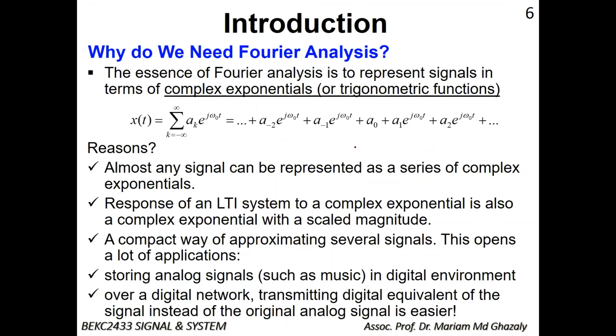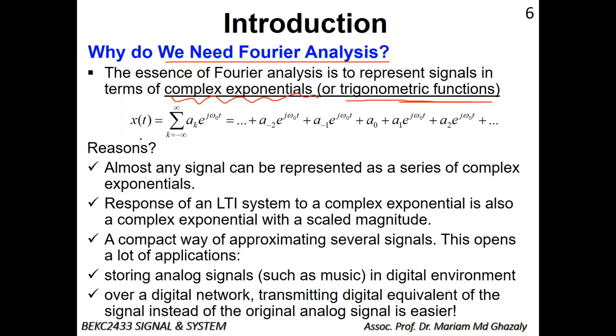Based on the video that you watched just now, in part 2, why do you really need the Fourier analysis? The essential idea of Fourier analysis is to represent a signal in terms of complex exponentials, or what we call trigonometric functions. You see that we have the complex value j.